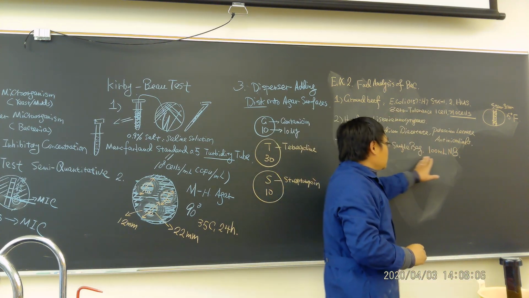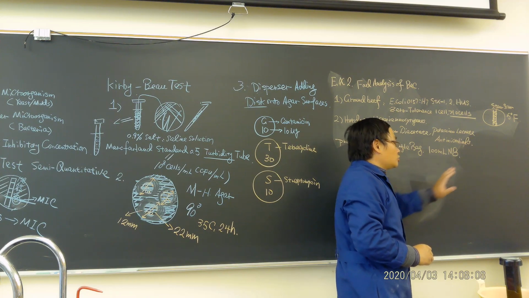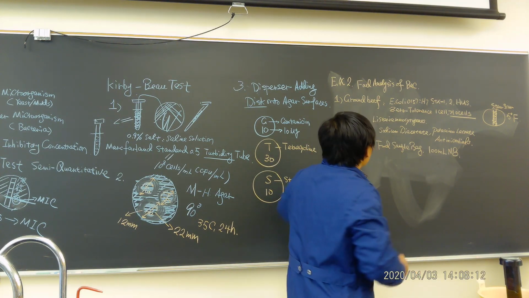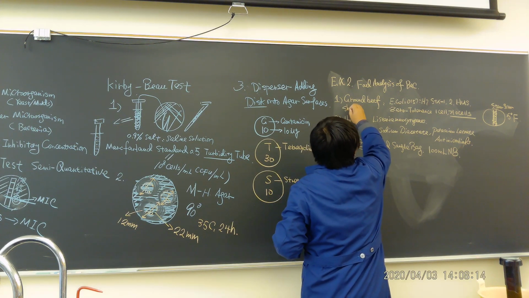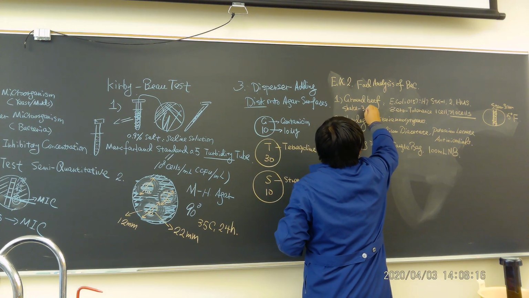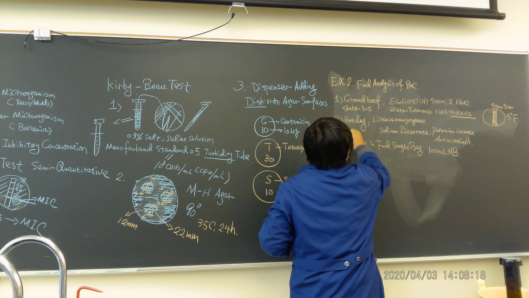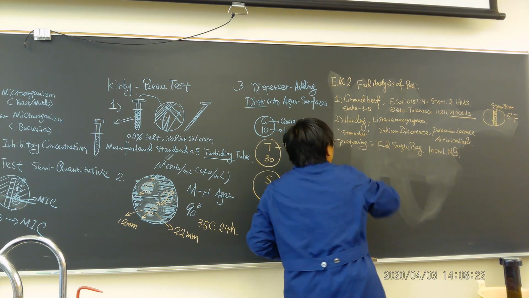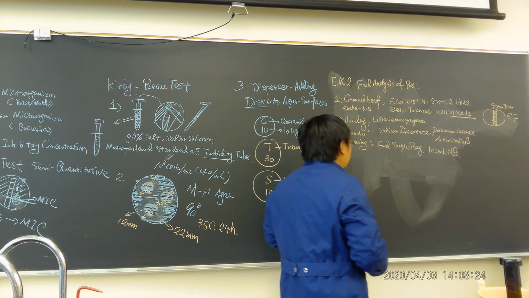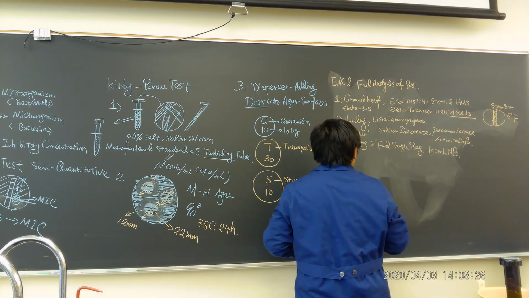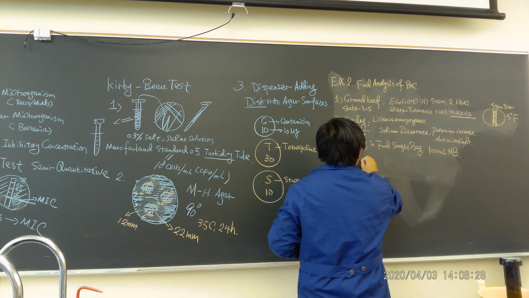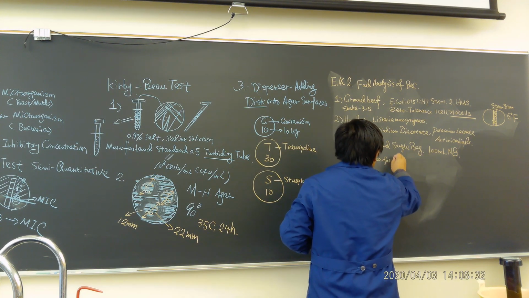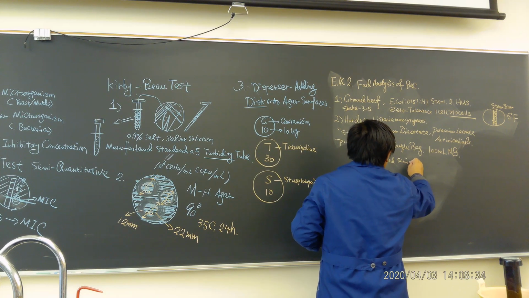So we add 100 ml nutrient broth. Then preparing the hot dog and the ground beef, there is a difference. We're going to shake 30 seconds. We use a stomacher to break it down. And after that, we will do a 10- or 100-fold serial dilution.